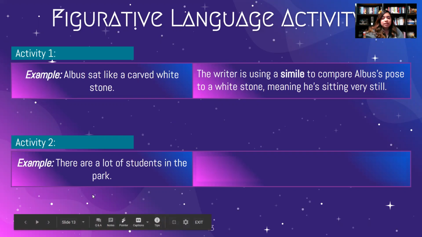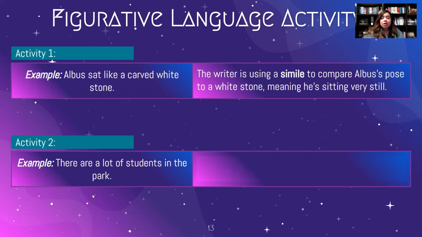And activity 2 says, there are a lot of students in the park. So it gave me the literal sentence, and now I have to turn it into a figurative language sentence. So if there are a lot of students in the park, I could use hyperbole, for instance, to exaggerate how many students are in the park. So hyperbole is an exaggeration, right?